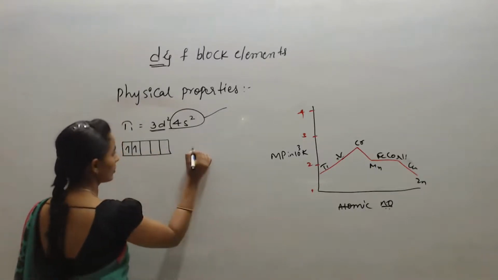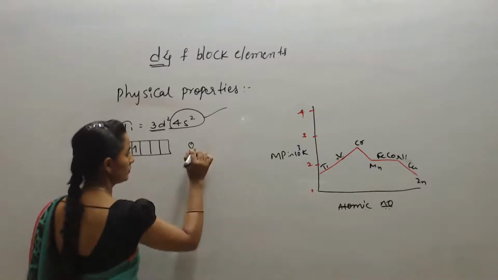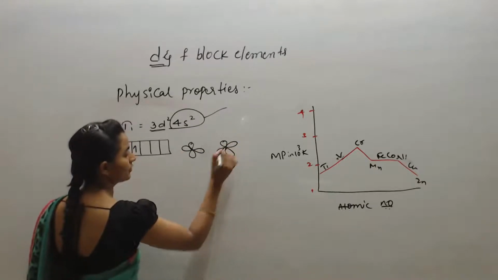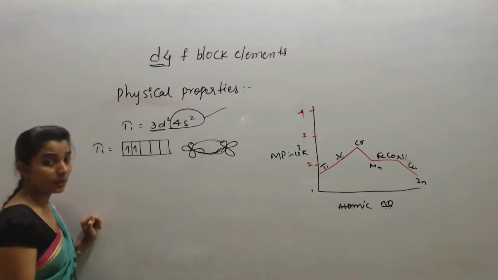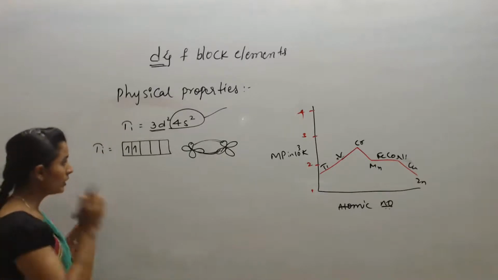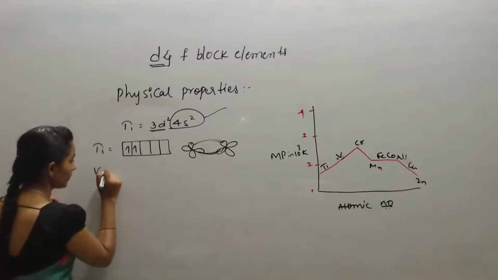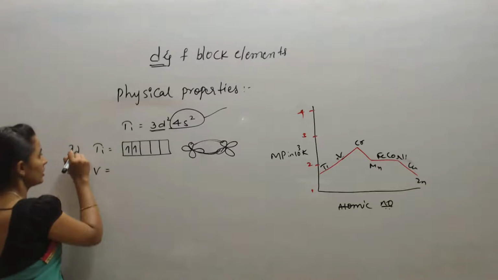So here unpaired electrons are there. This is the d orbital of titanium. Correct? And this is another d orbital of titanium. They share electrons between themselves. Then the metallic bond takes place. Okay, so next, another one is vanadium. The configuration is 3d3. This is 3d2.